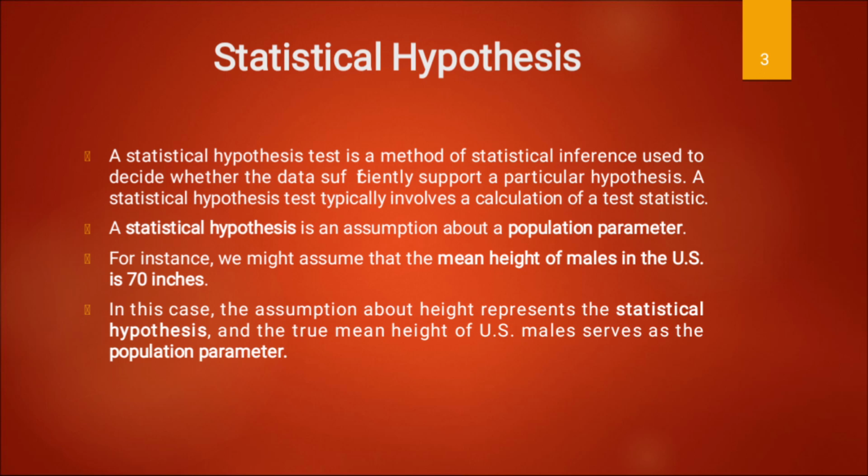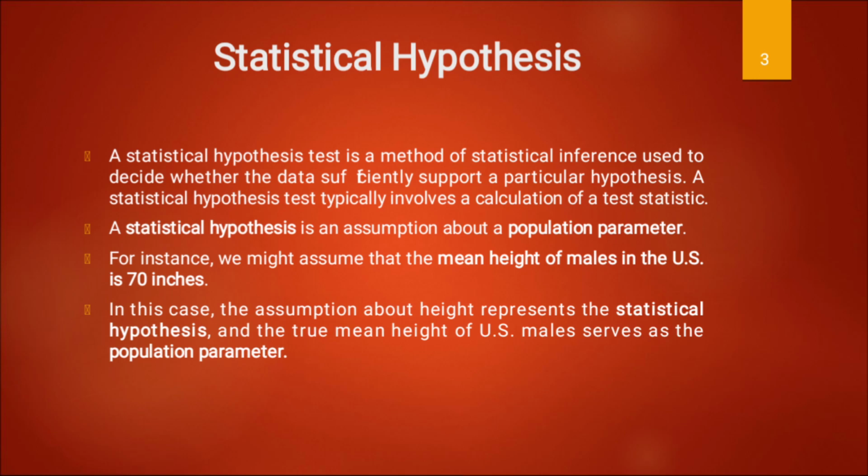If we suppose the height of US males is 76 inches, this is our test hypothesis. In this case, the assumption about the height represents the statistical hypothesis, and the true mean height of US males serves as the population parameter.